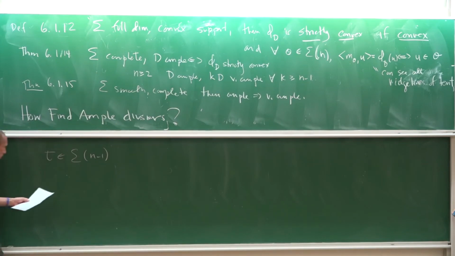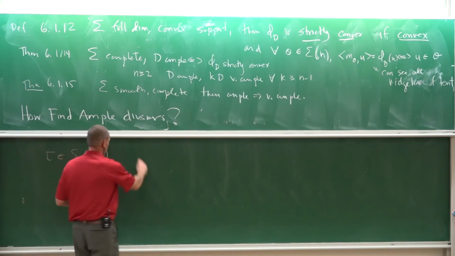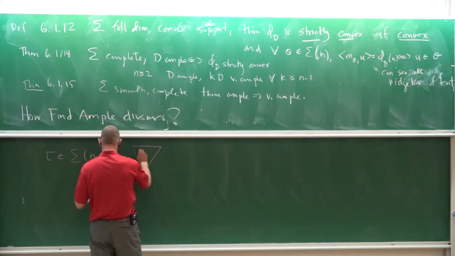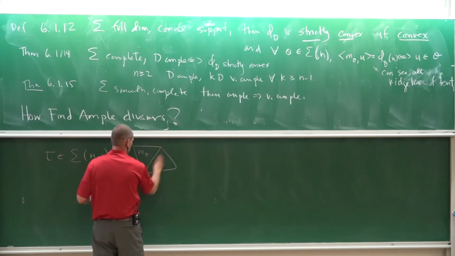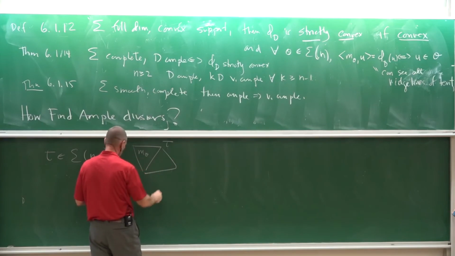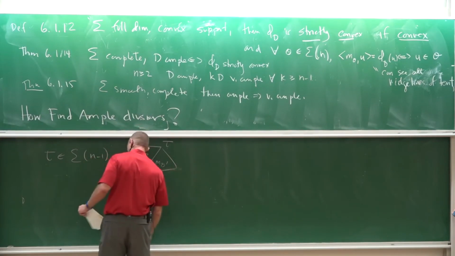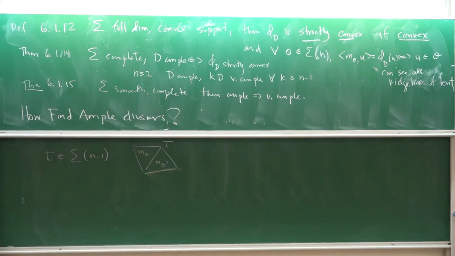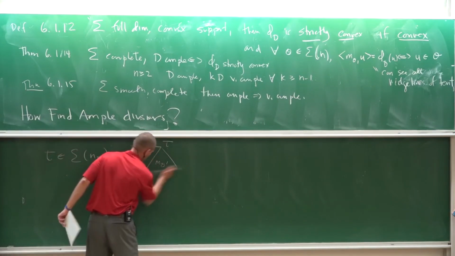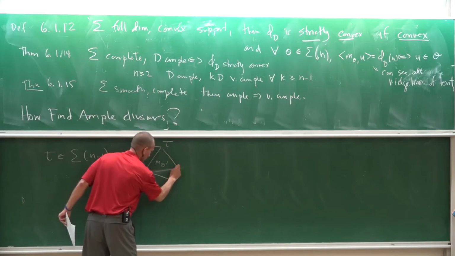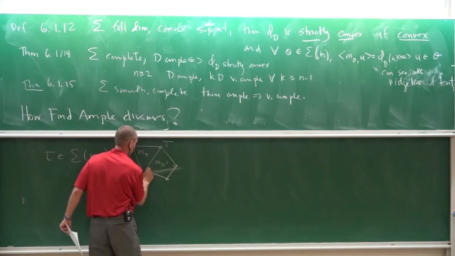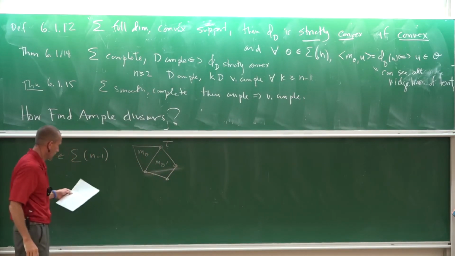So now I have some picture that looks like this. Here's some m sigma. Here's my wall tau right here. And I have some m sigma prime. Maybe this is not a simplicial cone. We've got a non-simplicial cone.